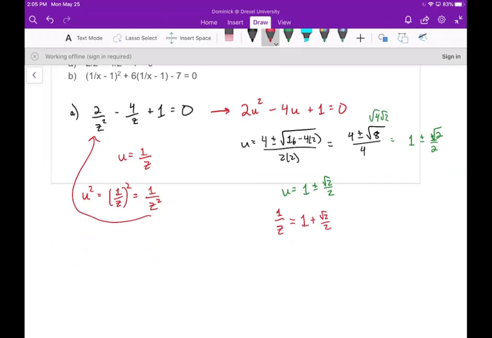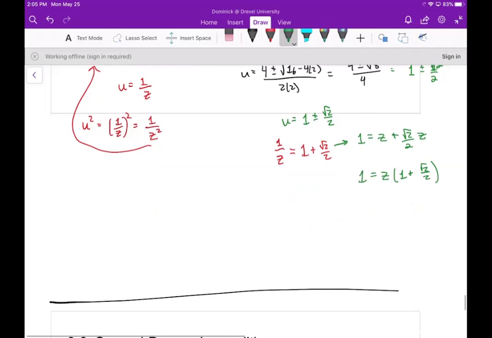So then if we multiply both sides by z, you get that 1 is equal to z plus square root of 2 over 2 z. So then if we factor a z out, and divide by 1 plus square root of 2 over 2, we get that z is equal to 1 over 1 plus square root of 2 over 2.